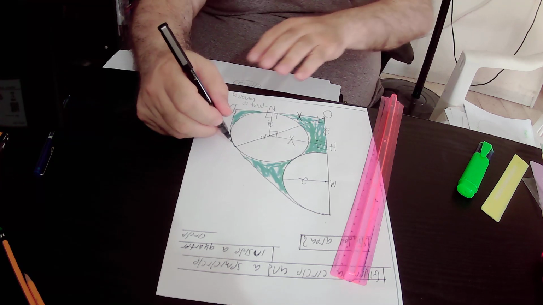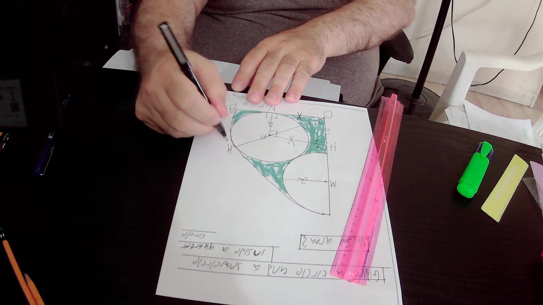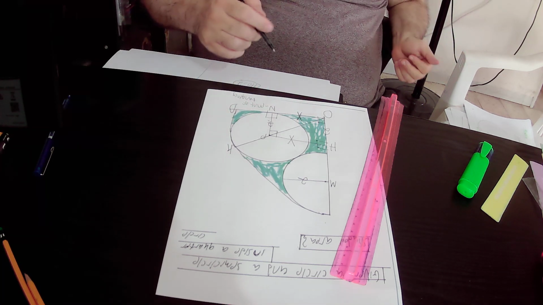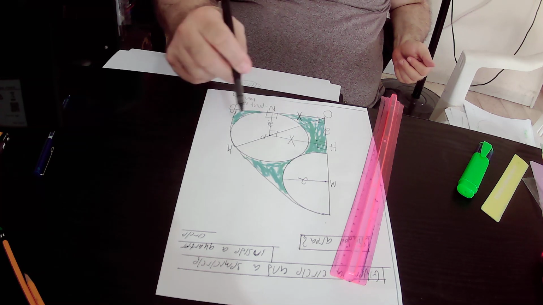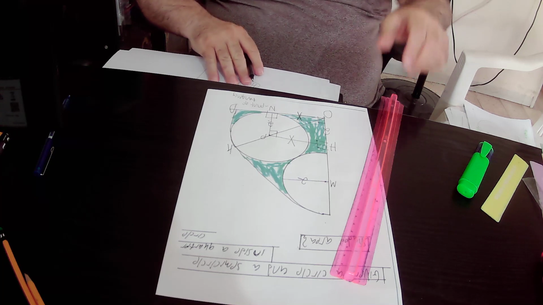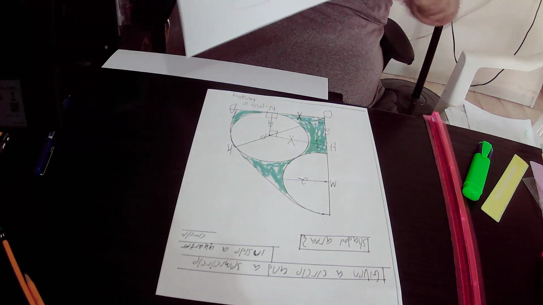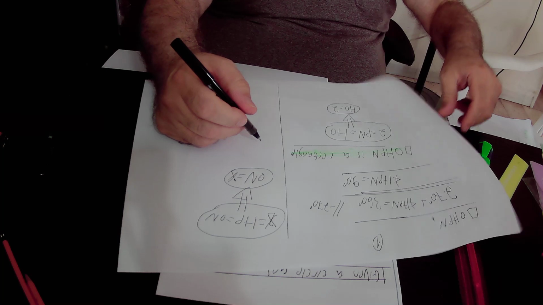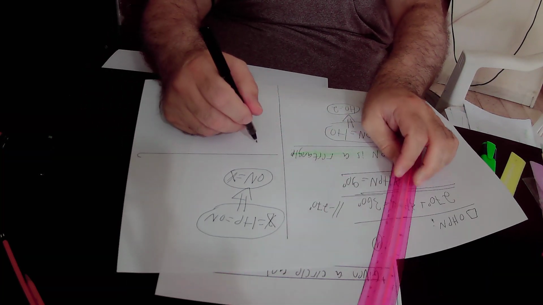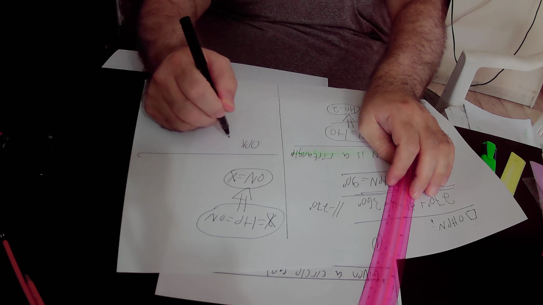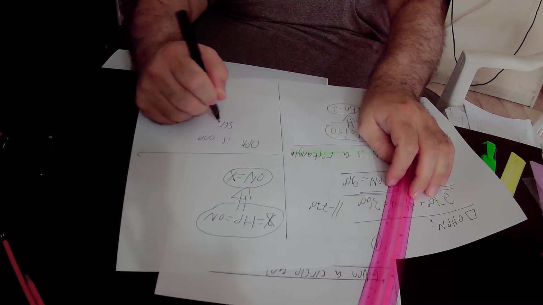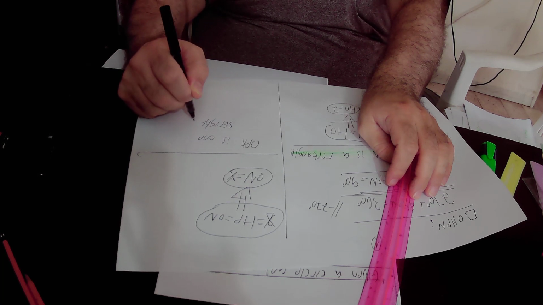So we define the touching point as point K. That is to say, according to the rule, OPK is one straight line. You can write down here that line segment OPK is one straight line. Okay?